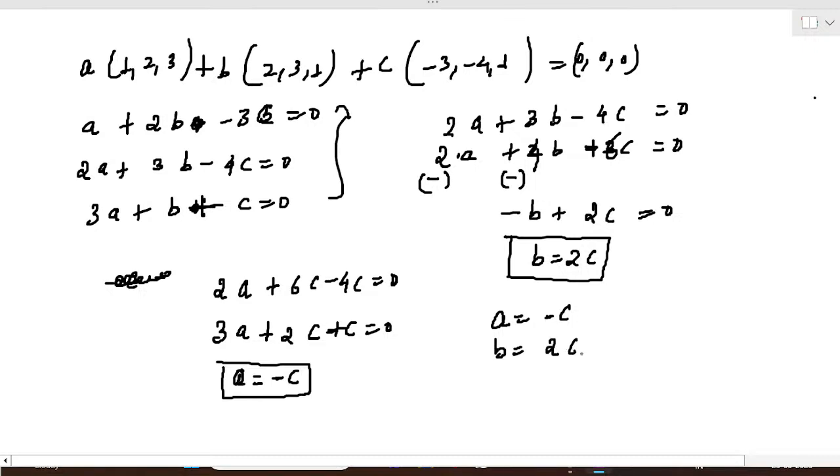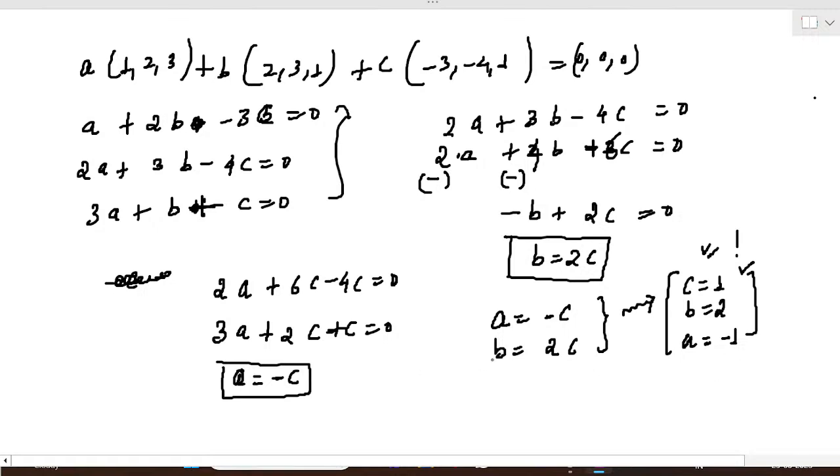It can be plus 2C. So from this we can arrive at one result, that is, let's say take C equal to 1. If I take C equal to 1, B will be equals to 2. And if B is equal to 2, then A will be equals to minus of 1. Right? So one of the values can be this also.